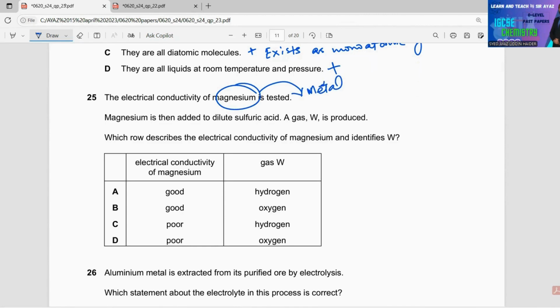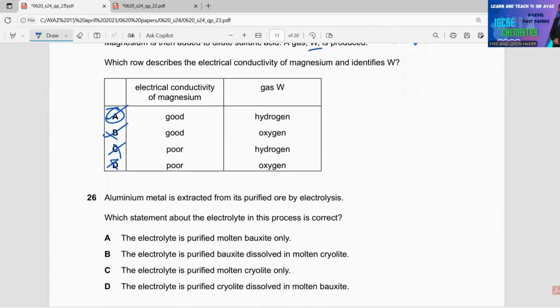When magnesium reacts with dilute sulfuric acid, the gas produced is hydrogen. So the electrical conductivity of magnesium is good, and you have A or B as the correct answer. So C and D are incorrect. What about gas W? Gas W is hydrogen. So A must be the right answer in this case. B is incorrect.